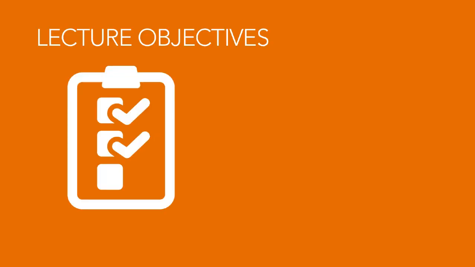So, let's look at some of our objectives for this lecture to find out what we want to accomplish. The first learning objective we have is to briefly go over some of the 9 learning objectives in the book.